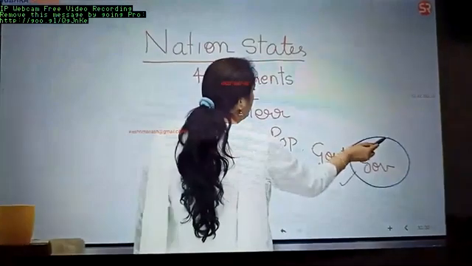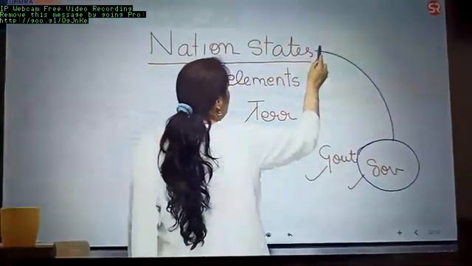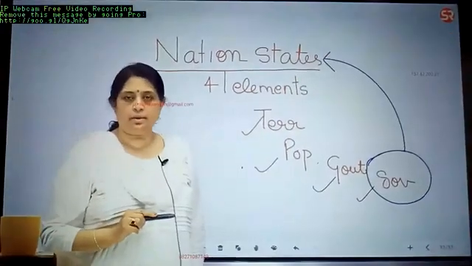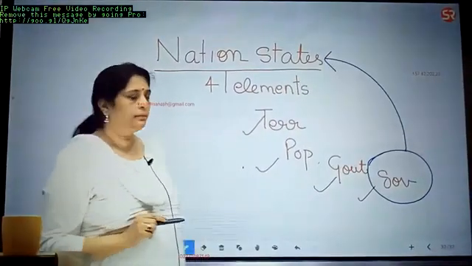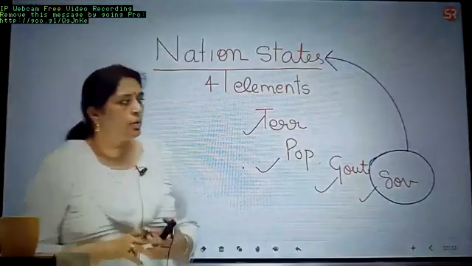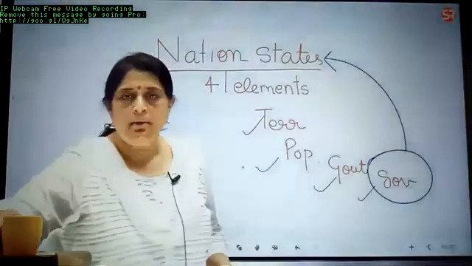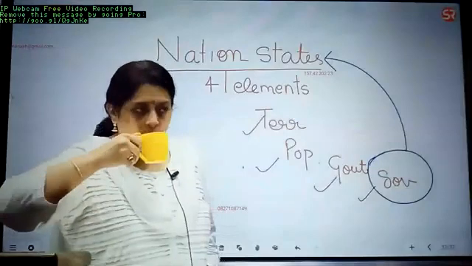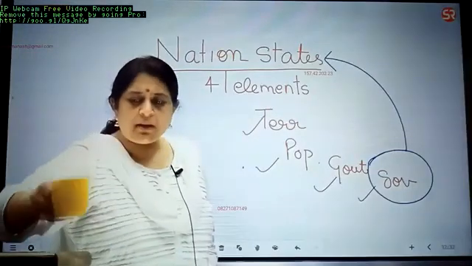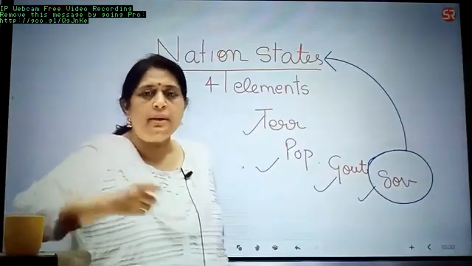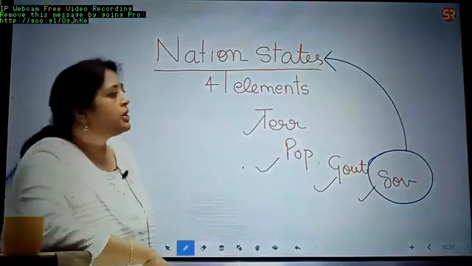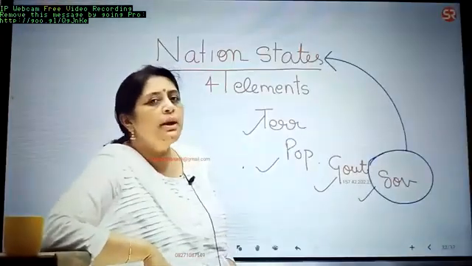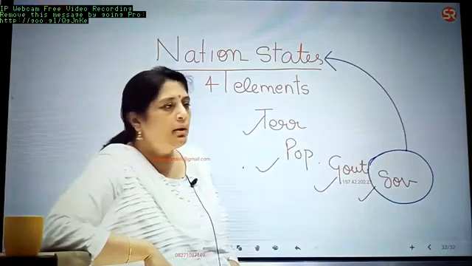Now, on the basis of this, we will understand the nation state. So, in your notes, you have already written. Those who have not written, they can write that there are four elements of the nation state, and the most important element is sovereignty.